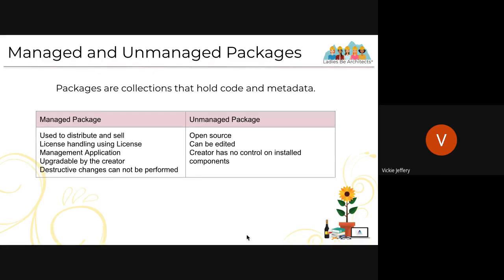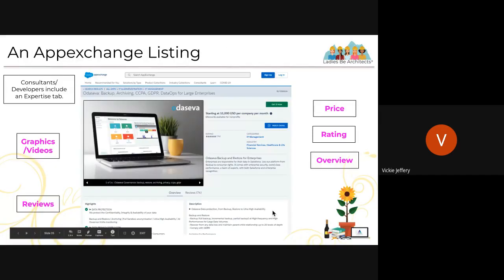All right, next one. So what does an AppExchange listing look like? With an app, this one's using Odyssever, which is one of our sponsors. It's going to have graphics and videos. It's going to have sometimes a demo. See on the right there, it says watch demo. It'll have reviews, really important, read the reviews.